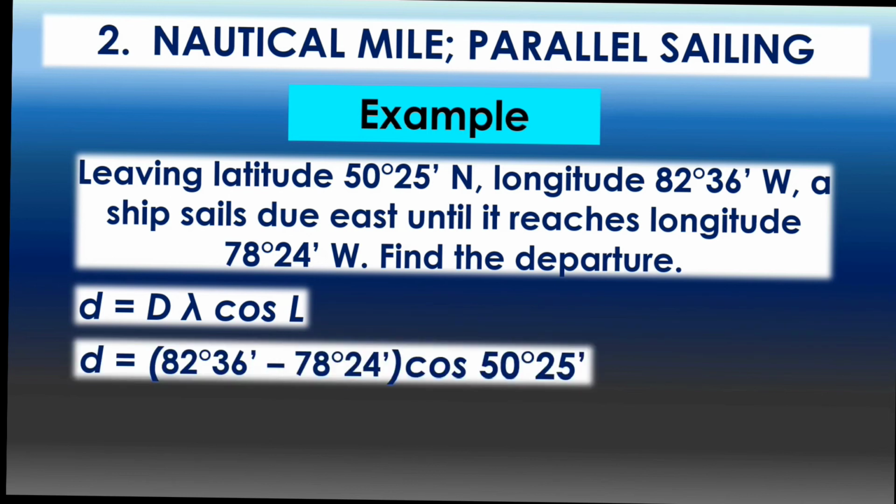For the difference in longitude, if the two longitudes are both west or both east, we subtract the smaller one from the bigger one: 82 degrees 36 minutes minus 78 degrees 24 minutes.